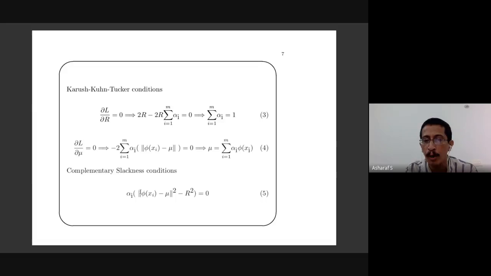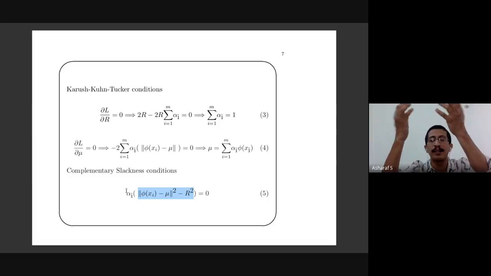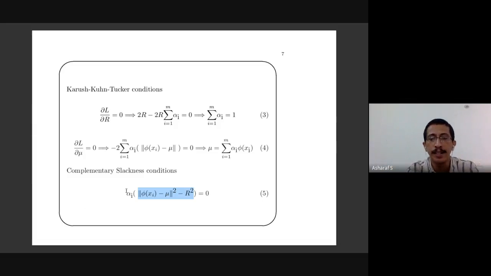You know that phi of xi minus mu square is equal to r square when alpha is non-zero, which means that if you can identify the points with alpha non-zero, those are the points which essentially mark the boundary, right? Those are the points with the Euclidean distance in the transform space from them to the mean. Phi of xi minus mu square is equal to r square, so these are the points which define r.